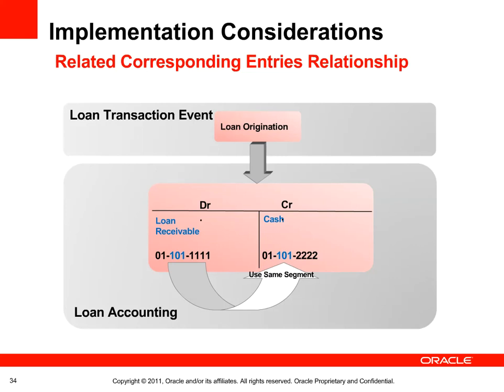This feature also optionally allows you to have the same description on these related lines. For the setup of this feature within the journal entry rule set, linked journal line rules must be identified by selecting the Copy from Corresponding Entry option from the Account Rule, Segment Rule, and/or Description Rule.